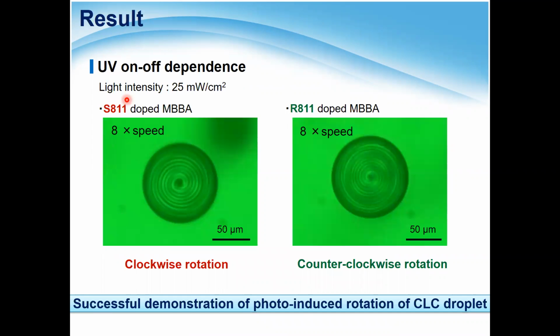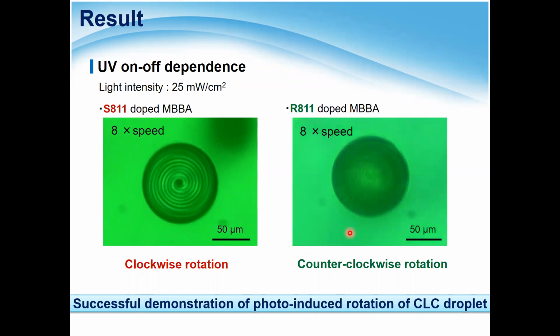Here's a demonstration of the UV on-off operation. When the light is on, it starts rotating, and you could see the spiral pattern changing. Also, by changing the chirality of the dopant, the motion direction was opposite.